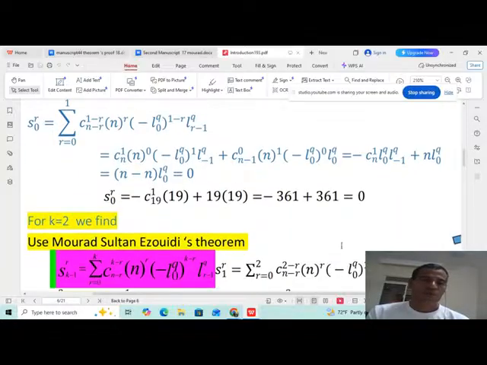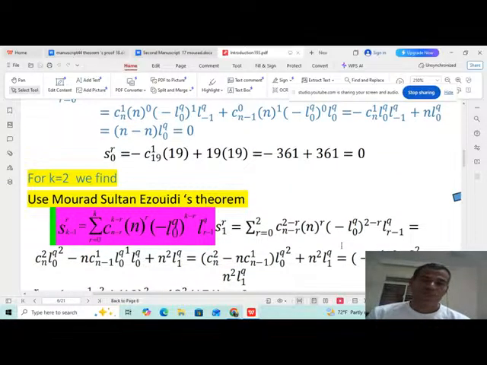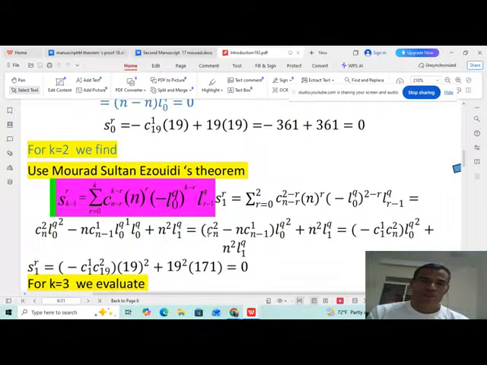We continue. We use again the same theorem of Bezout, and we obtain for k equal 2 that S1, this is the formula. The formula of S1 is combination n choose 1 minus combination n choose 2 times L0 for Q squared plus n squared times L1.